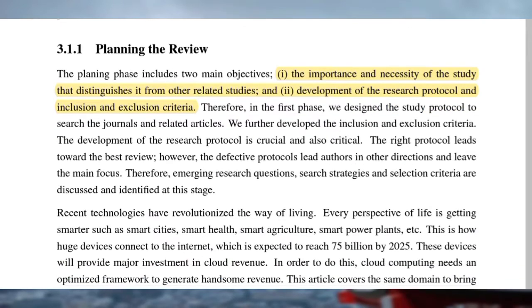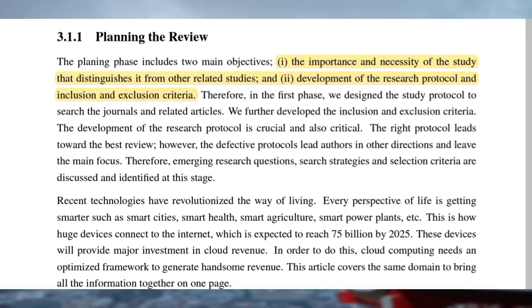In the planning of the review, we state the importance and necessity of the study that distinguishes it from other related studies. We discuss what the population is, what the main topic is in which we are going to do the research, what our expected outcomes are, and for these expected outcomes, what the methodology and techniques are that we are using.